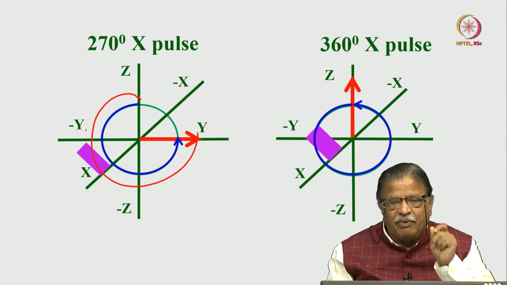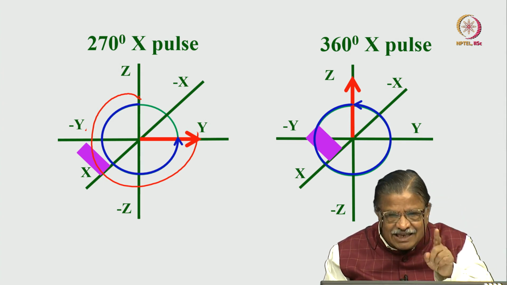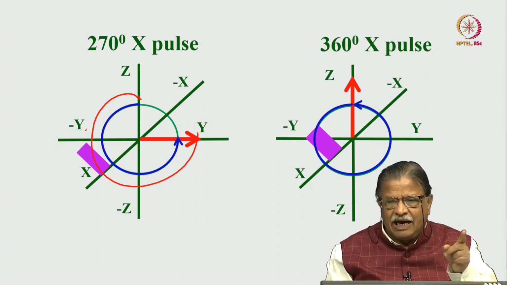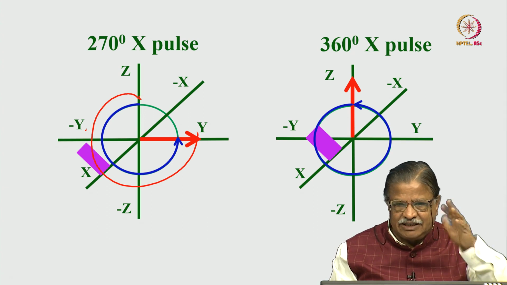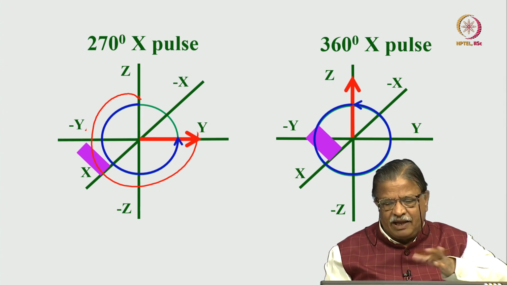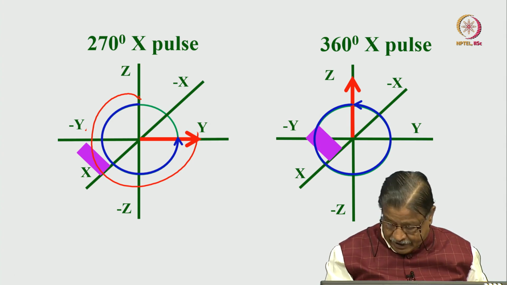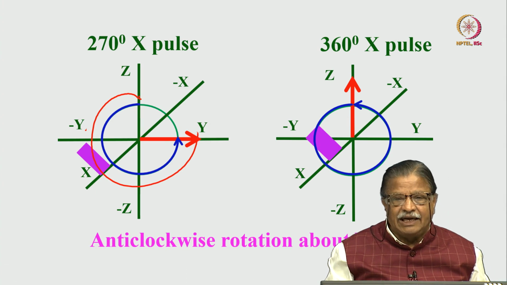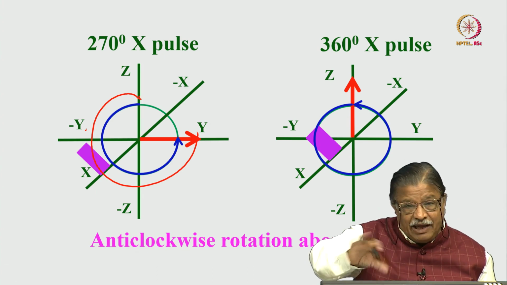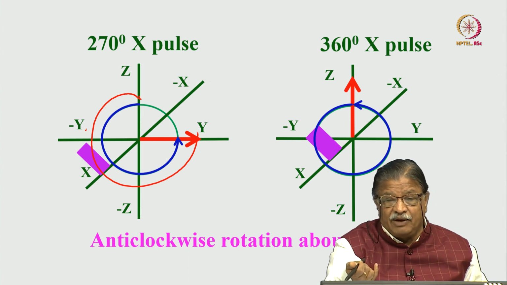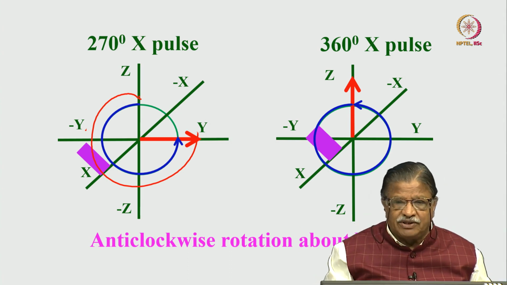So, the bulk magnetization, which is stationary, has to be perturbed by applying an RF pulse along the x or y axis, in a direction preferably perpendicular to it, so that by any angle you can tilt the magnetization, and this is how we can rotate it in the anti-clockwise direction in the YZ plane. Of course, you can apply in the other direction and rotate in the other direction, and instead of the x axis you can apply on the y axis, all possible combinations you can think of.